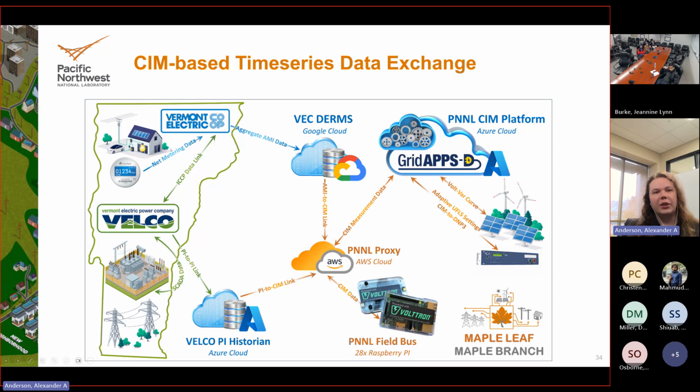The distribution utility is pushing their AMI data to Google Cloud. We have an intermediate AWS proxy that's pulling that data down, aggregating it on individual field message buses, and then creating that single source of truth data stream so that we can do cutting-edge T&D applications and limited field demonstrations.